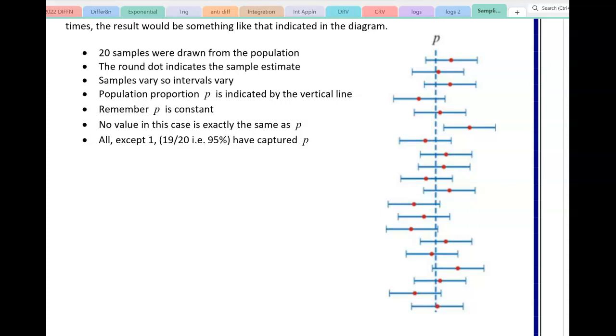So then we can conversely say, well, if we know the population proportion, is this sample representative of the population? Well, maybe not. Or maybe this is the one out of 20 that actually won't capture the population proportion. Because remember, we would expect at the 95% level that 5% of the samples won't. So it's a cool little diagram to visualise what's going on. Are there any questions about that?